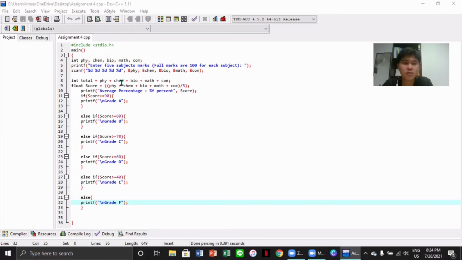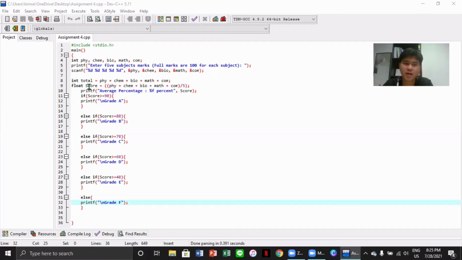And we have to add them together to make the average score. We add the 5 subjects together. We use float because it may be a decimal. Float is for real values, but integer is for whole numbers that don't have any decimal.